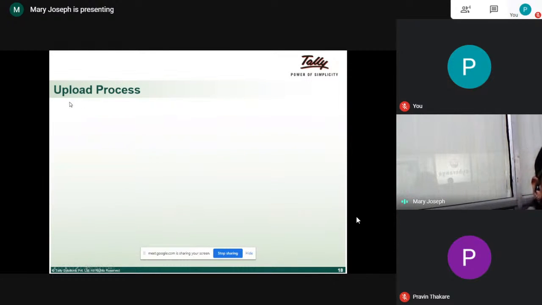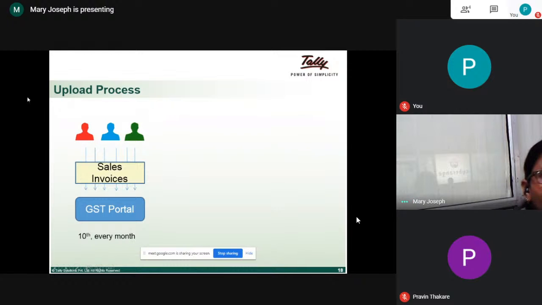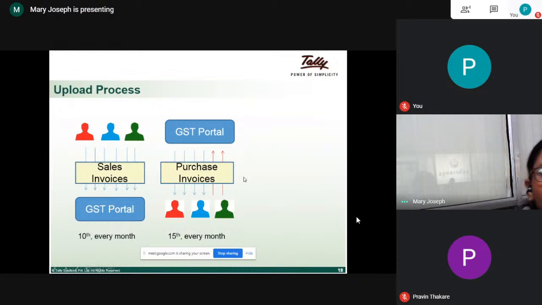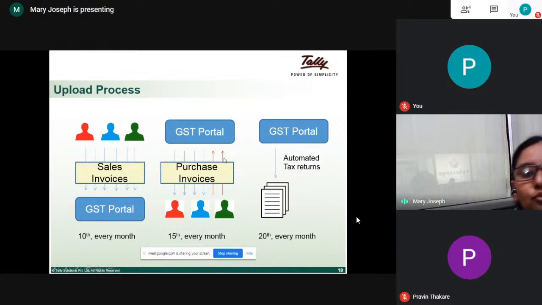Next step, upload process. Uploading process for the sales invoices or the outward supply in the GST portal. Purchase invoice 15th of every month, and for the automatic tax return GSTR 3B should be paid on the 20th of every month. Every month on the 20th you have to file or pay the return 3B for the regular dealer.